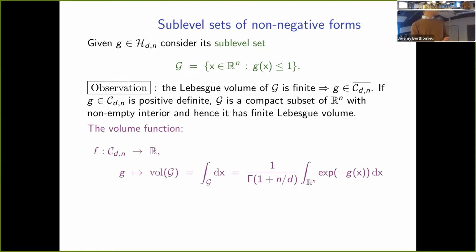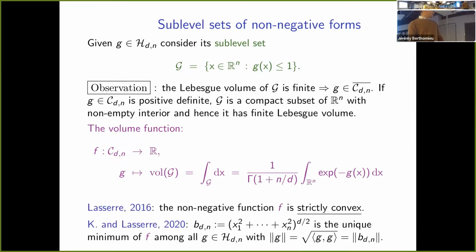So that is why we want to study the following function that we will sometimes refer to as the volume function. We associate to every positive definite form g the volume of its sublevel set, which also can be computed as the integral of exponential of minus g over R^n, up to this constant gamma function.